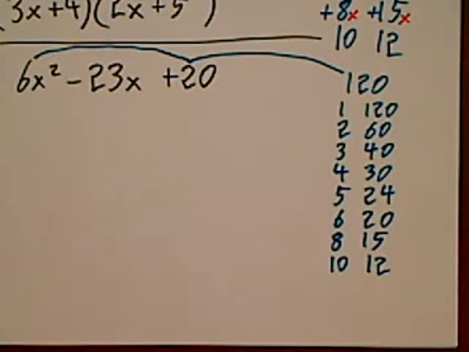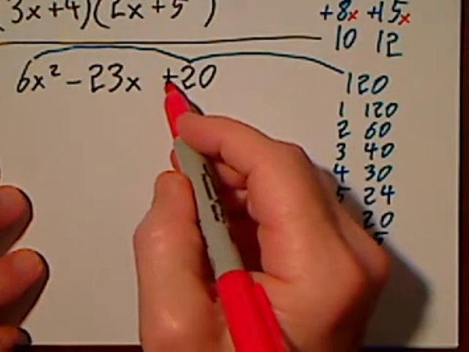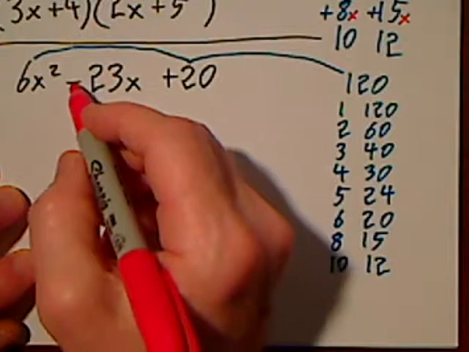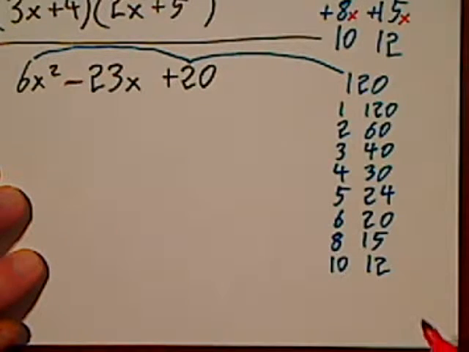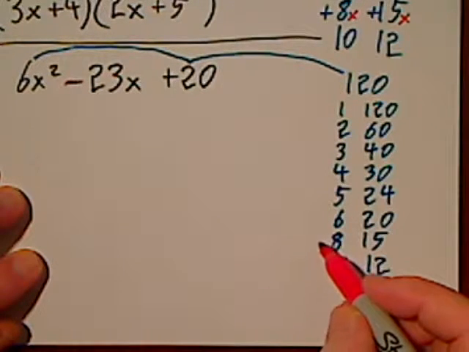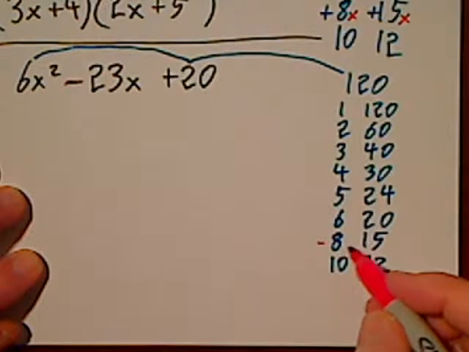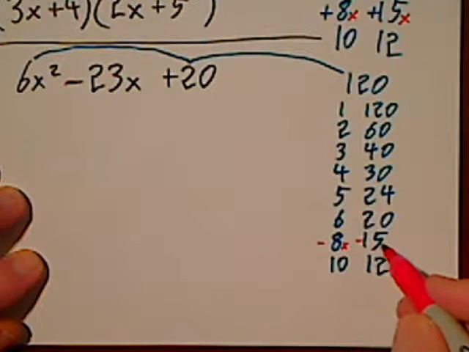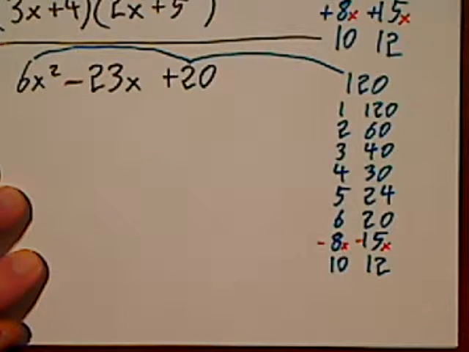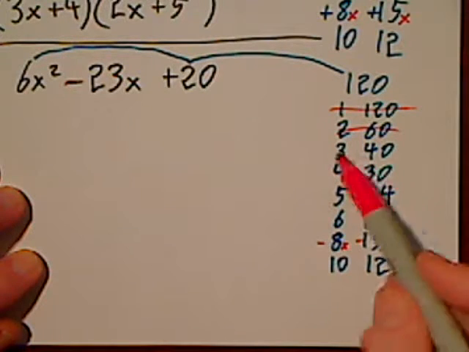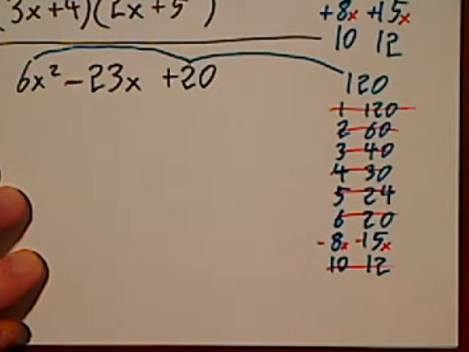Okay, but now this time we do want a sum. Signs are going to be the same, but we want to end up with a negative 23. So it must be a negative 8x and a negative 15x. I'm just assuming you've gotten tired of watching me go through the list here.